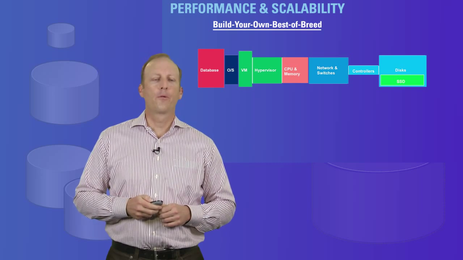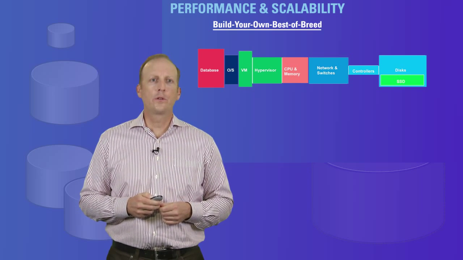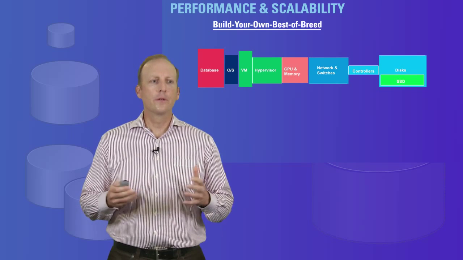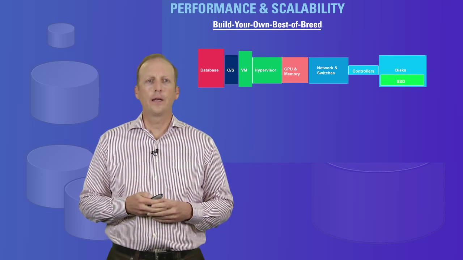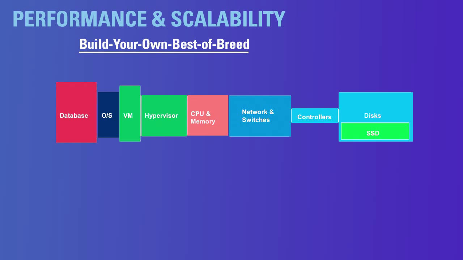You heard Ron talk about performance and scalability, so let's dive into that a little bit. When you talk about systems in place today in IT departments, you're most likely seeing a lot of build your own, best of breed. What does that mean?